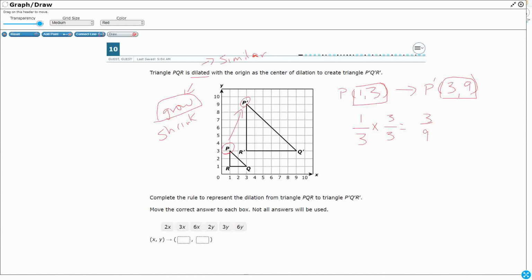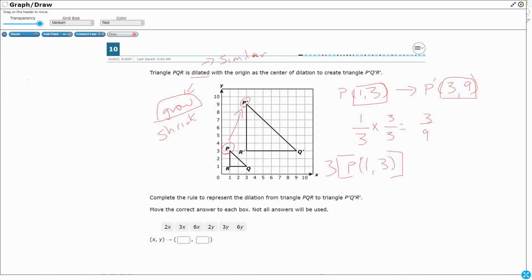We're going to multiply by 3. So what this means is if I take my P prime, right? Really what that is, that's just my P. So let's just look at P now. And then we just multiply the whole thing by 3. That's what we're saying. So let's verify that with Q and R, and then we'll figure out the best way to represent that.